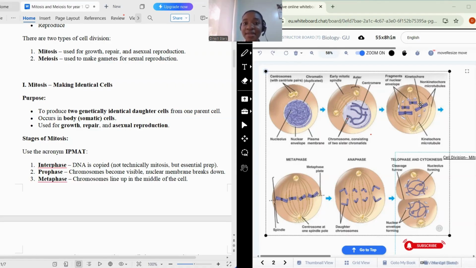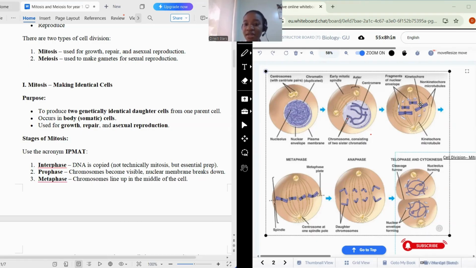These are certain cell organelles whose function is to arrange the organelles inside the cell. So at this point of cell division, the spindle fibers help to separate each sister chromatid from each other.